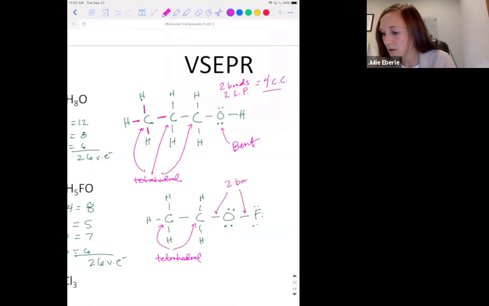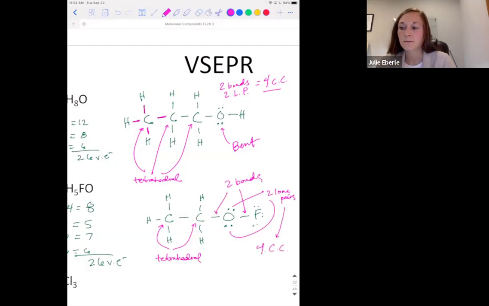And we've got 2 lone pairs. All right, total, that adds up to 4 charge clouds. So this one is bent as well.